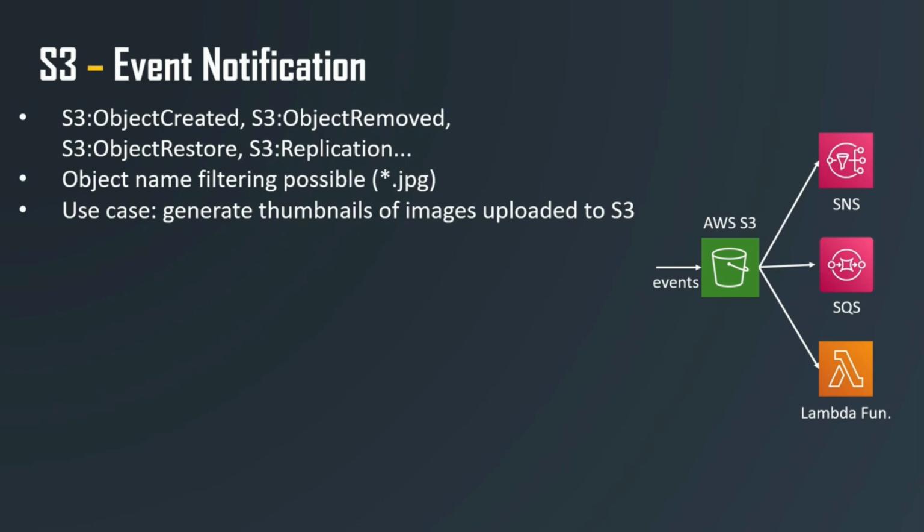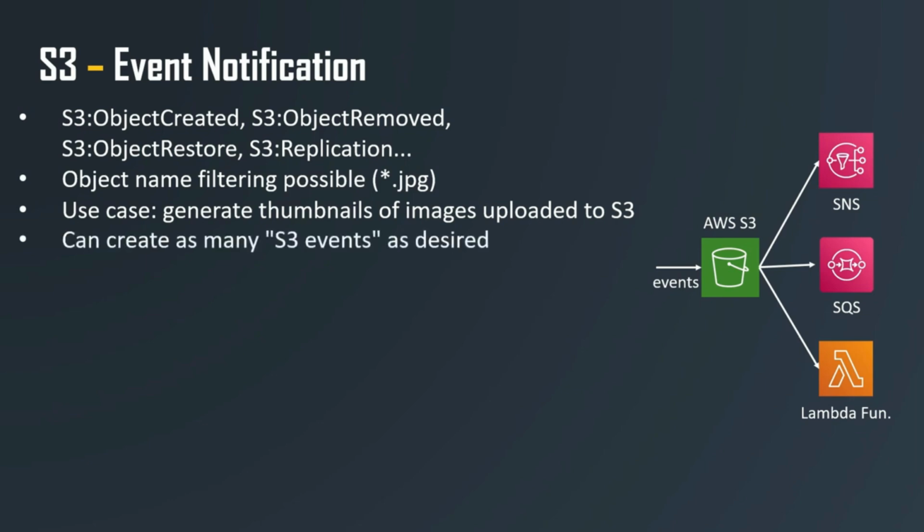And finally, a Lambda function to run some custom code. Now, we will see all these services, SNS, SQS and Lambda, in detail in this series, but for now just remember that you have these three targets for Amazon S3 event notifications, and that will make a lot of sense by the end of this course.